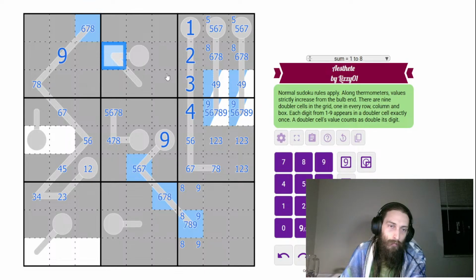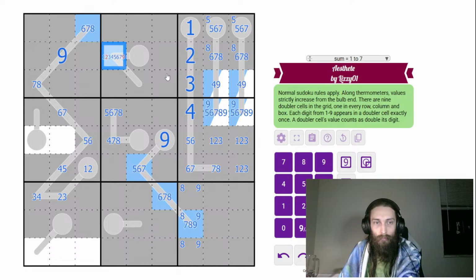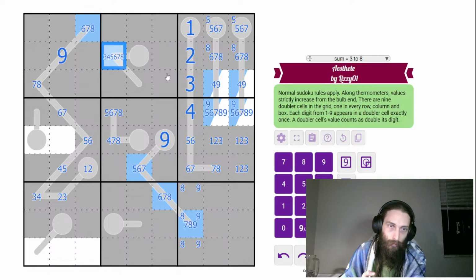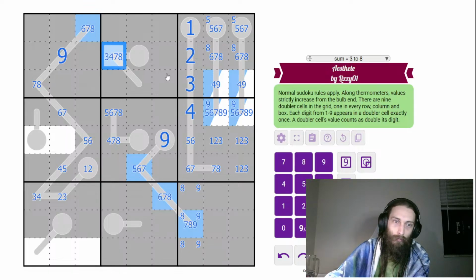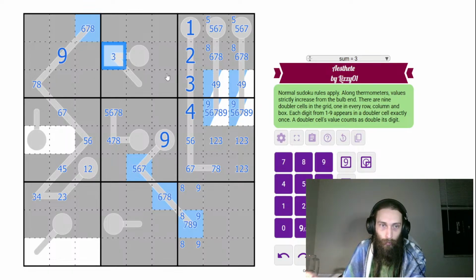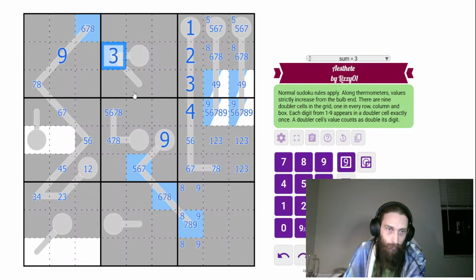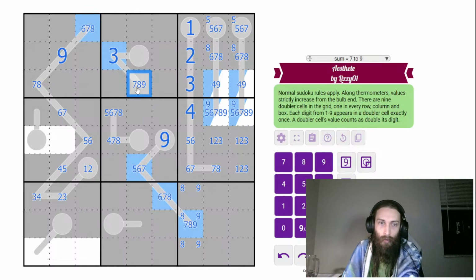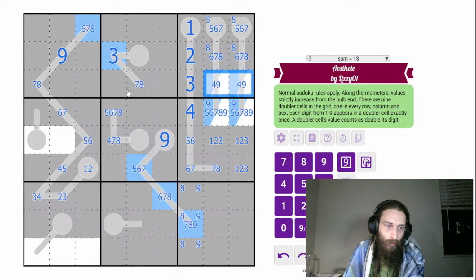We just don't know what it is. 2 and 9 is out. 1 is clearly out, and it can't be 5 or more. And we've already doubled 4, so it must be a 3. So 7, 8, 9. And it's not a 9 because of the 9 there.